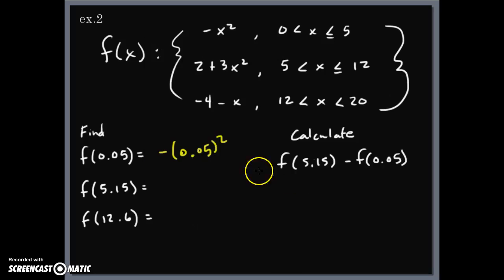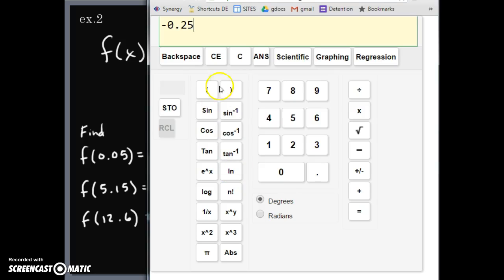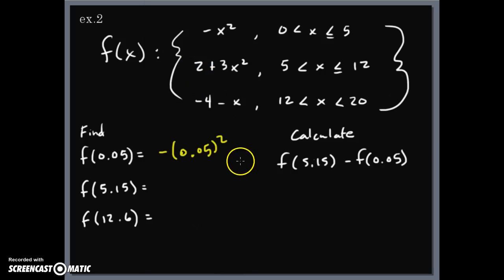And I get negative, oops, I put that in wrong. Double 2 zeros, so equals negative 0.0025 would be my answer.